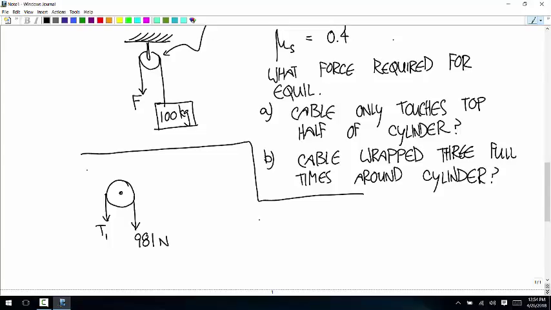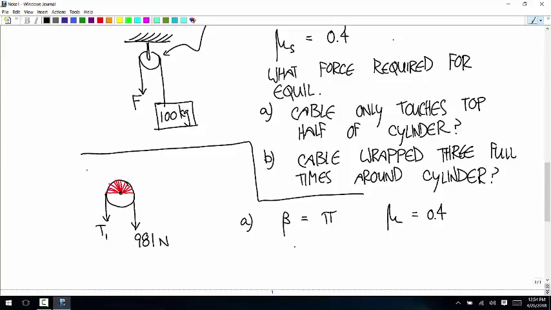Okay, so for part A, all we need to know is the coefficient of friction, which we have, and that angle beta. What's the angle beta here? Yeah, beta is pi, because it's this. The coefficient of friction is 0.4.